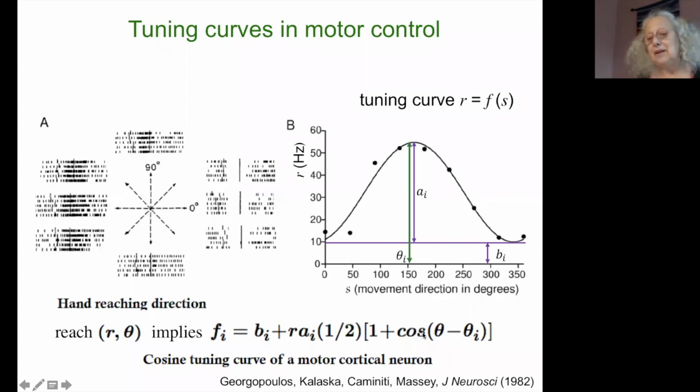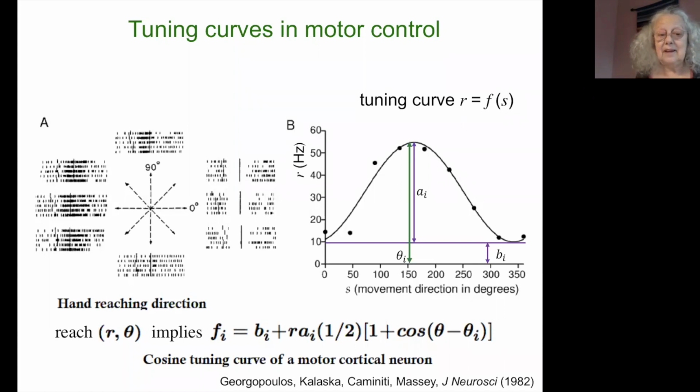The cosine goes between -1 and 1, so you add 1 to it, now it goes between 0 and 2. You take a half, so now it goes between 0 and 1. You modulate it with A_i. A_i is the amplitude of modulation from baseline to maximum firing rate for that particular neuron. It might be modulated by R, which is the extent of the reach, although most experiments are performed at a fixed distance R from the center target to the outer targets.